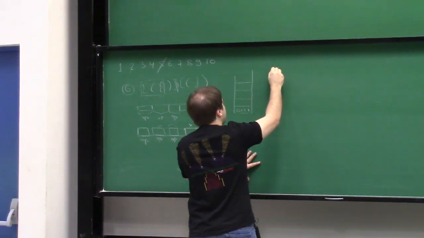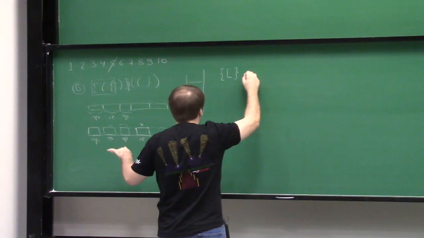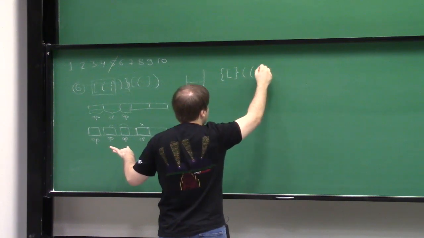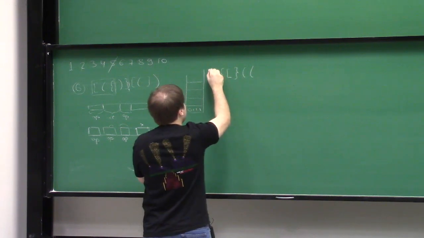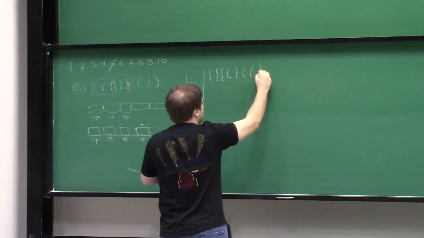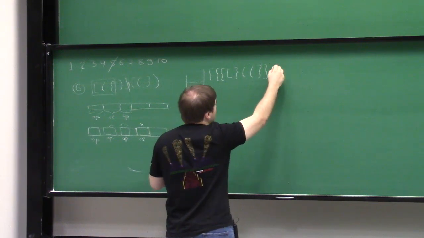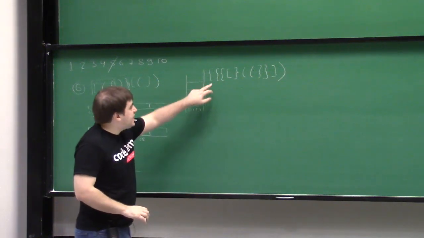We have that. Then we have that. We have two, let's say, and we have the group of closing like that. So consider such a test.